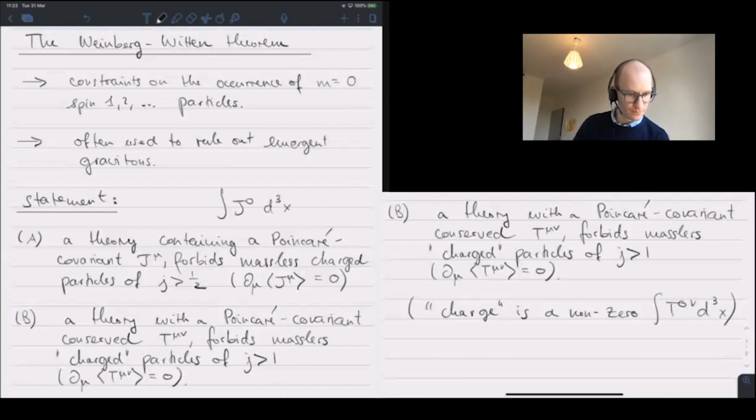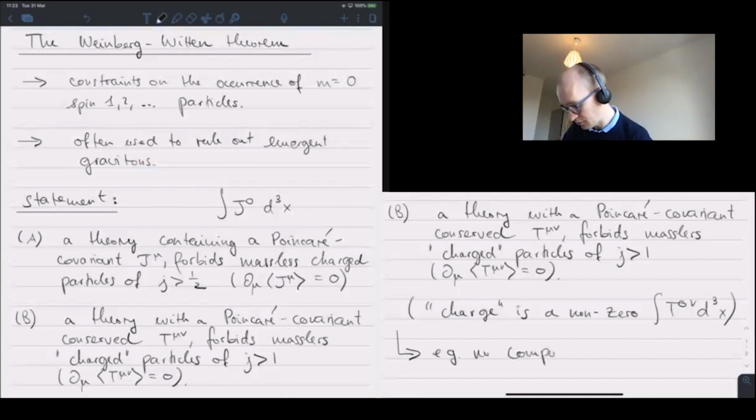So in particular, just to go back to this second point, we can say, for example, there is no composite graviton from a Lorentz invariant or Poincaré invariant substrate. What do I mean by this?